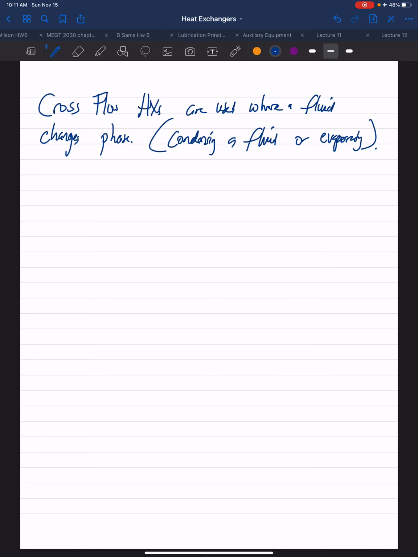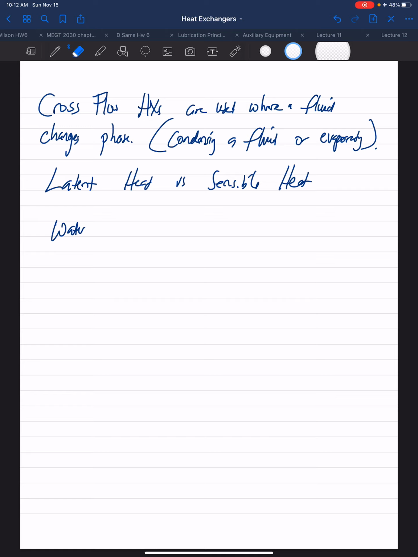So remember we spoke in an earlier lecture about latent heat versus sensible heat. And you can add heat to a substance, say water, and it will increase in temperature. Let's go back quick.